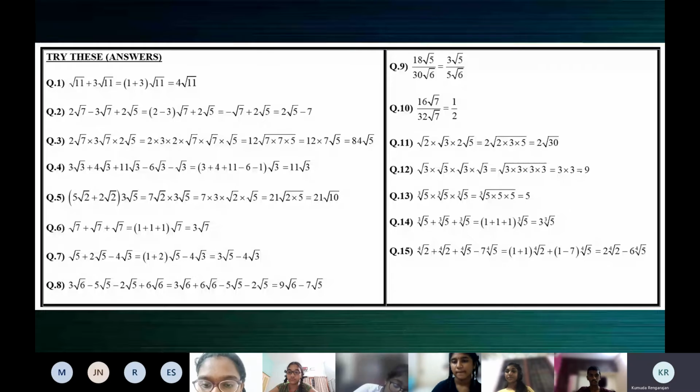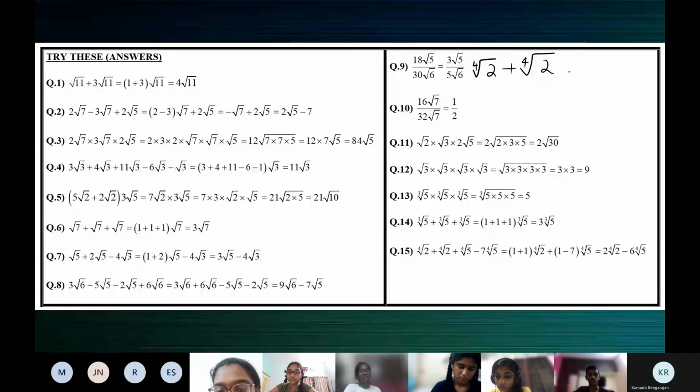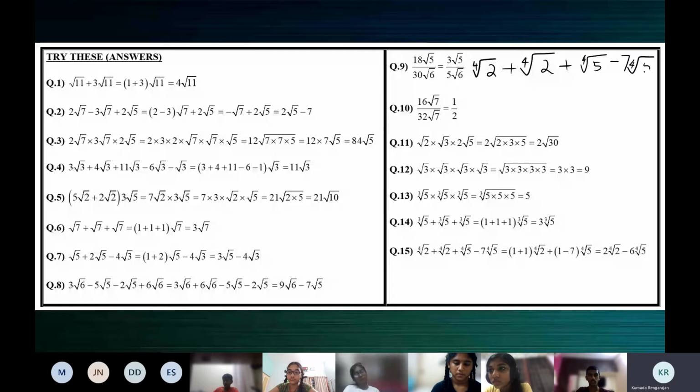All right, children, I'm talking about the last one. Fourth root of 2 plus fourth root of 2 plus fourth root of 5 minus 7 into fourth root of 5. This is how you read it.